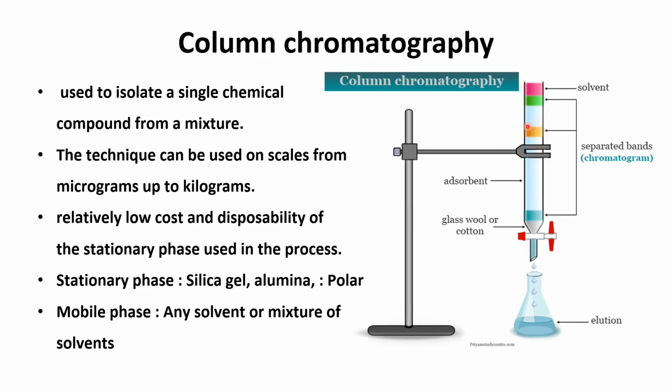So like this we can observe the bands of different components. When we get one of the bands, we put the conical flask at the bottom so that we can separate the different bands. Keep that conical flask separately and we start with the second conical flask, and then we get the second band, and like this we can separate the mixtures of different components.